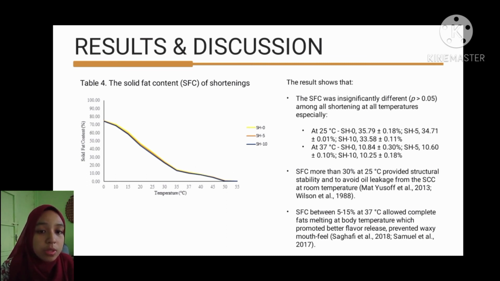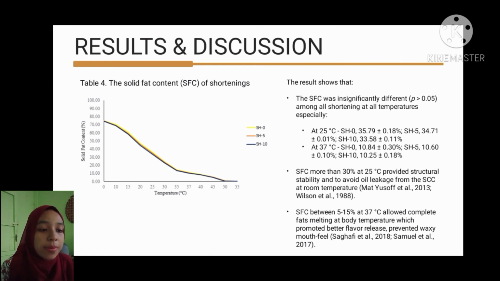These temperatures are important, especially for confectionery products, because the fat must contain more than 30% solid fat content at 25 degrees Celsius in order to provide structural stability and to avoid oil leakage from the food product, particularly at room temperature.